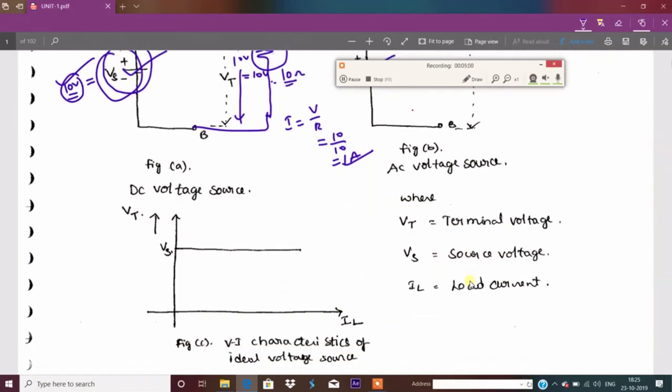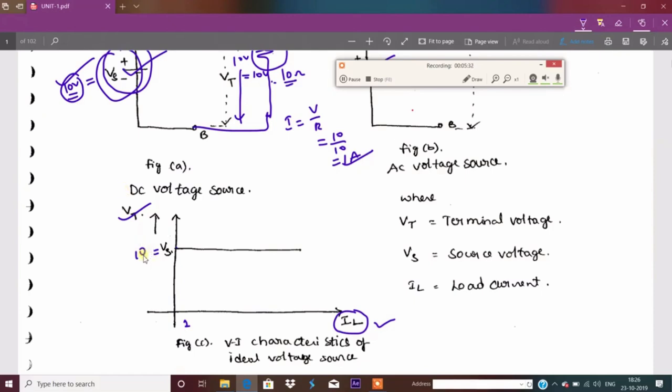Then we move to the characteristics. What exactly are the characteristics of the ideal voltage source? The reference is current on the x-axis, and the y-axis is voltage. Just now I gave the example. If the current is 1 ampere, the voltage will be the supply voltage, 10 volt.